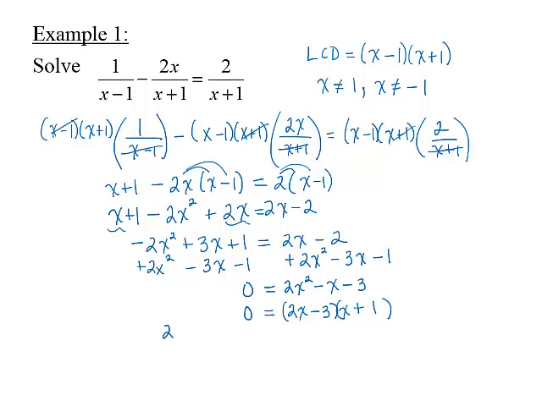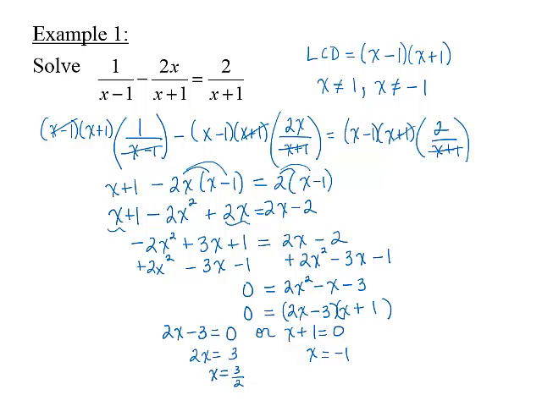Now we set each of those factors to 0 to solve. We get 2x minus 3 equals 0, or x plus 1 equals 0. Adding 3 gives us 2x equals 3, or x equals 3 halves. Subtracting 1, we get x equals negative 1.